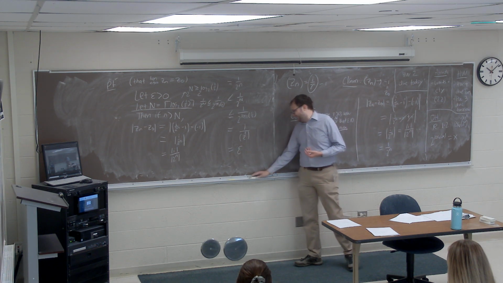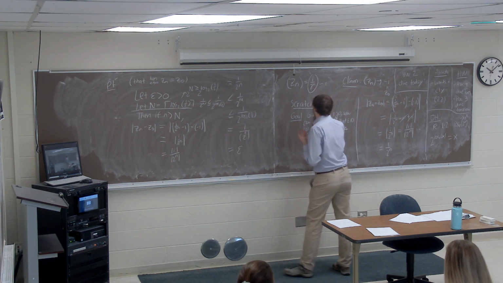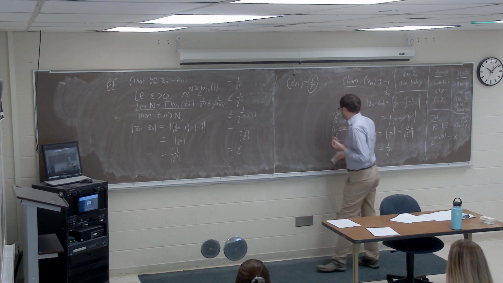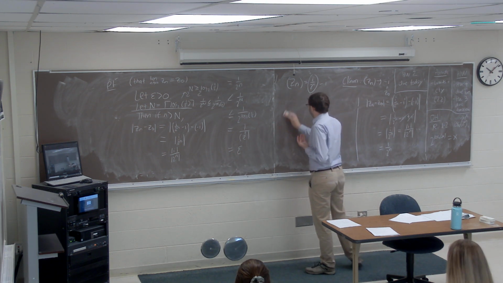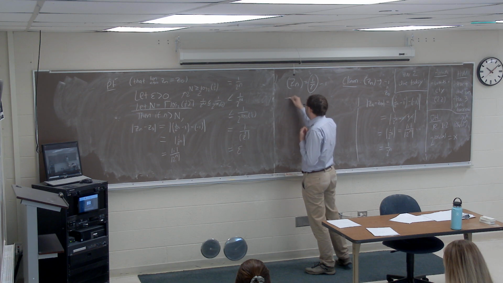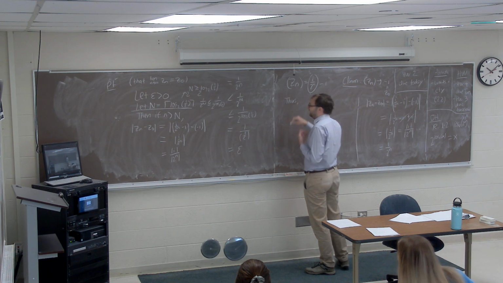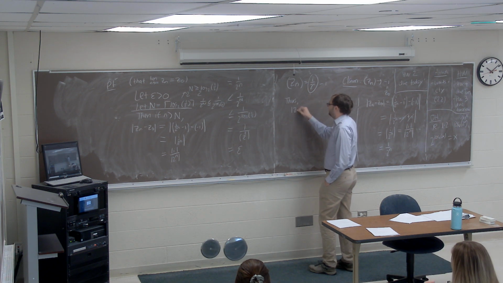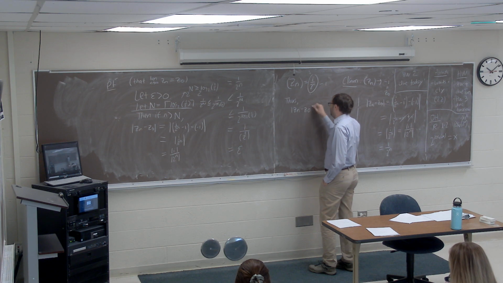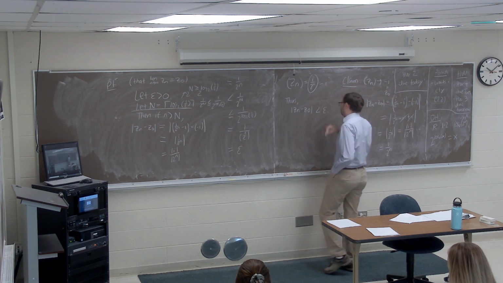Yeah, exactly. Through our string of inequalities, what we were able to show is thus the distance from z sub n to z sub naught is strictly smaller than epsilon.